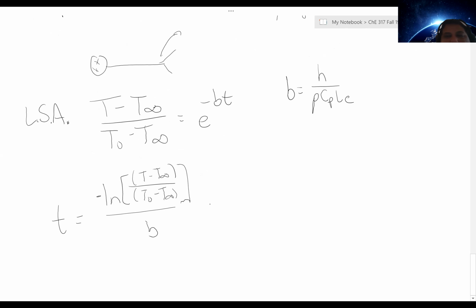So the first thing I probably want to do is solve for b. To do that, I'll want to know the characteristic length, which is the volume over the surface area.